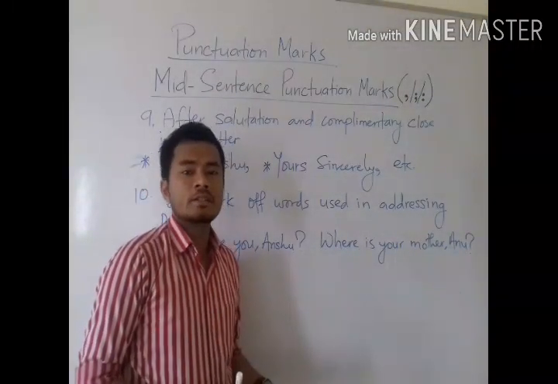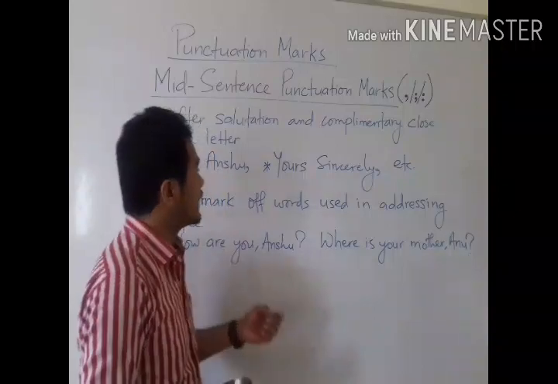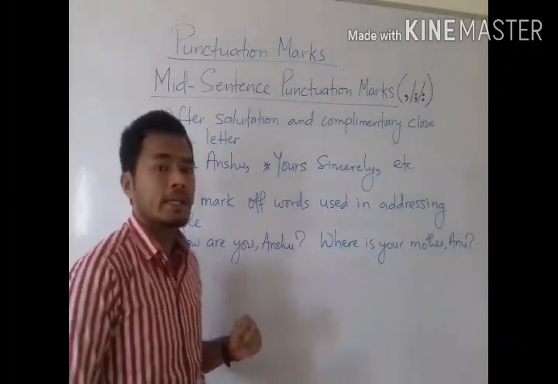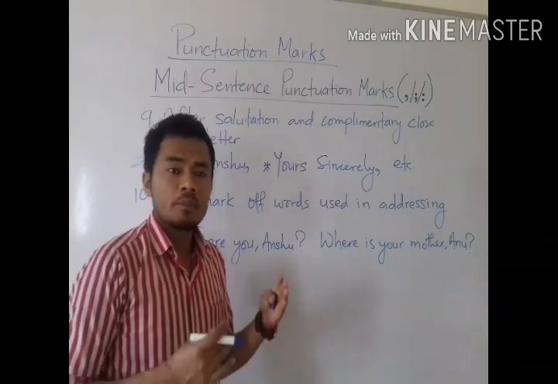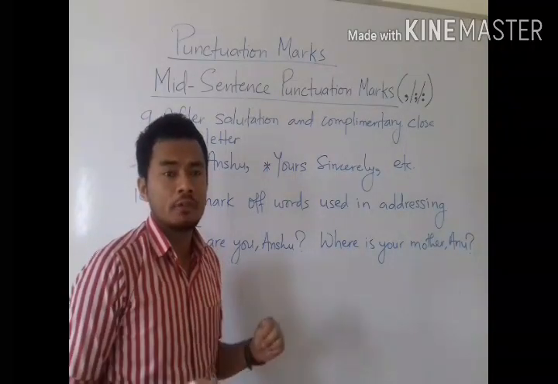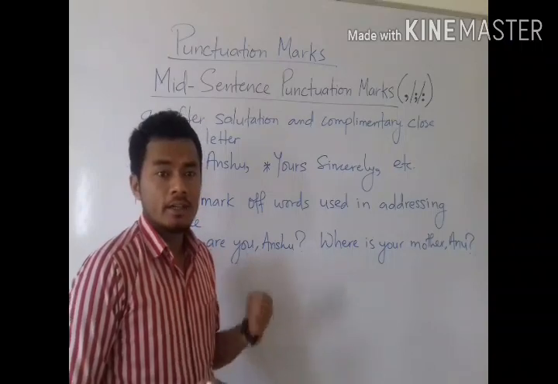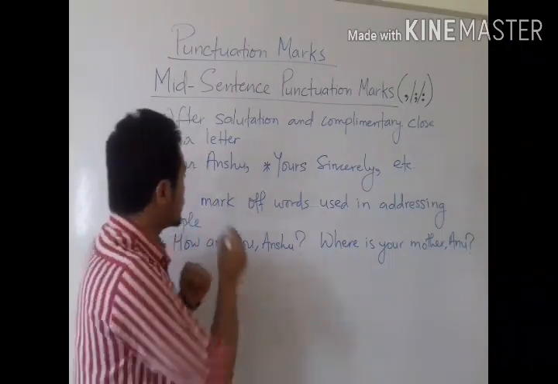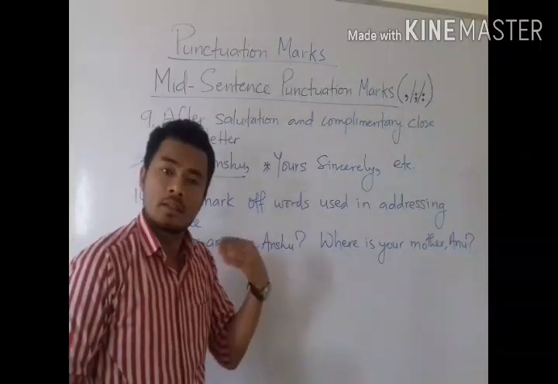Now another condition to use comma in sentences is after salutation and complimentary clause in a letter. Whenever we write letter, before we start writing the body of letter, we write salutation. Okay, so salutation always starts with dear.